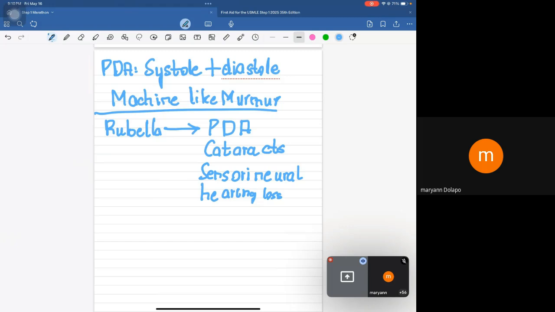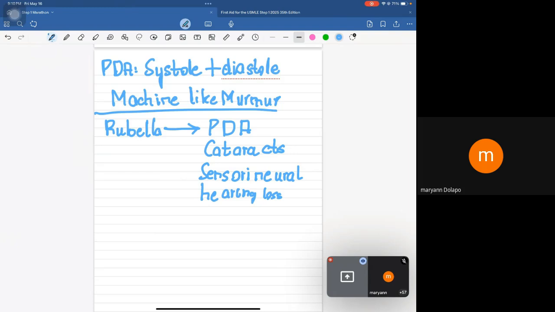Now, there are two components of mitral stenosis. The first is the opening snap, the second is the diastolic rumble, right? So both of these things are present here. Now, the other thing you want to know about mitral stenosis is what is the most common cause of mitral stenosis?